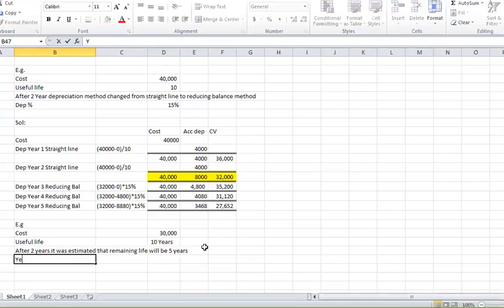So, in the year number 1, what would be the depreciation? In the year number 1, what is total cost? 30,000 divided by 10.